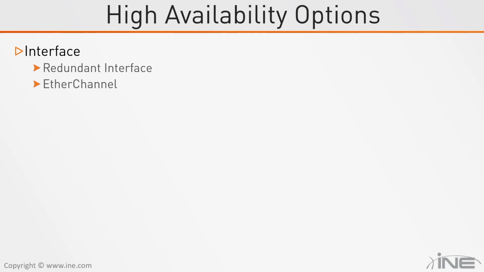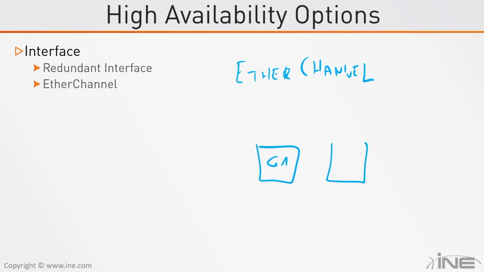Now, in case of EtherChannels, the situation is going to be slightly different. Well, we will still represent two physical interfaces as a single logical port, but this port is going to be more like a bundle of the two.